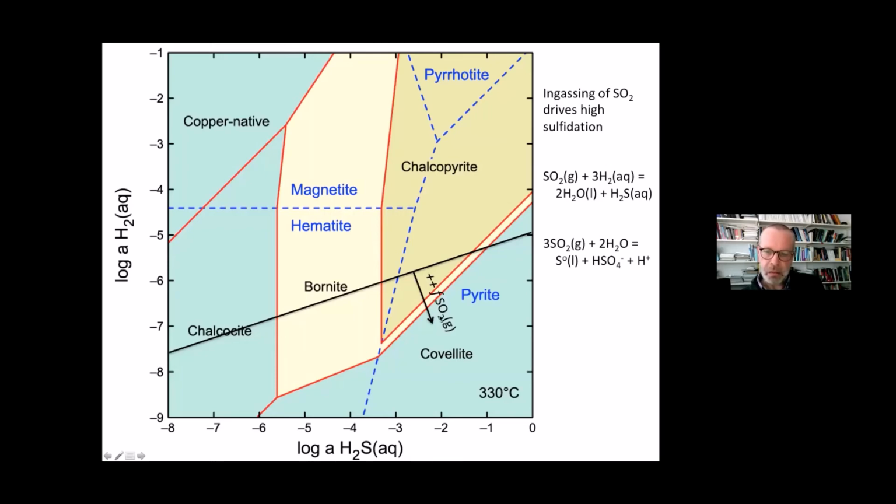And if the sulfur dioxide fugacity goes up, it drives the system in this direction here, well within the pyrite field. And actually, if we contour on this plot where elemental sulfur, which of course at these temperatures will be liquid, is stable, you could see that by fluxing sulfur dioxide into the system, you can get elemental sulfur stable.